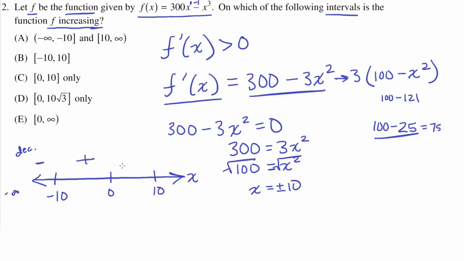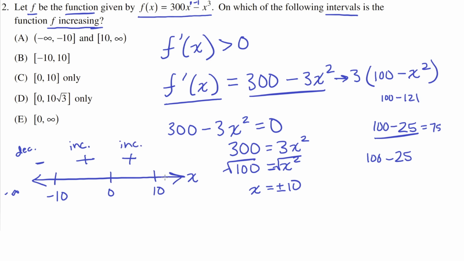So in this interval, the derivative of f is positive, which means f of x is increasing from negative 10 to 0. Now let's plug in something between 0 and 10. If we plug in 5, we'll have 100 minus 5 squared, which is 25, and multiplying by 3, we still get a positive number. So from 0 to 10, we're also increasing.